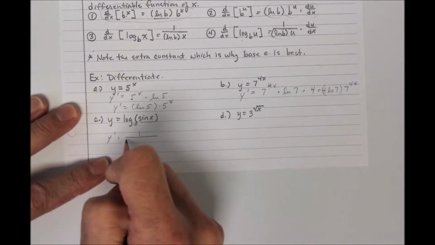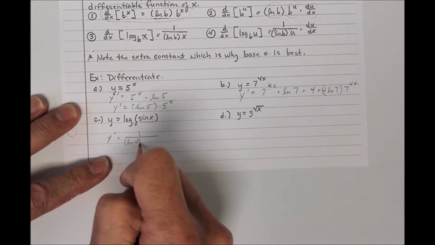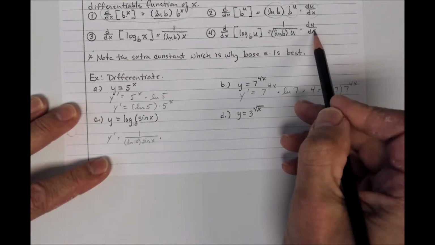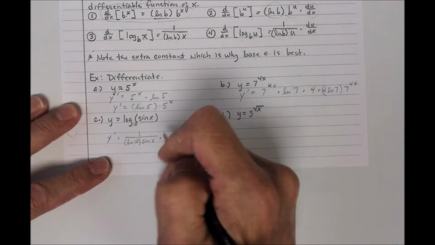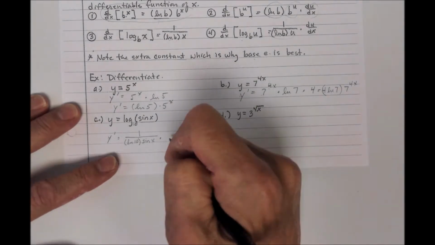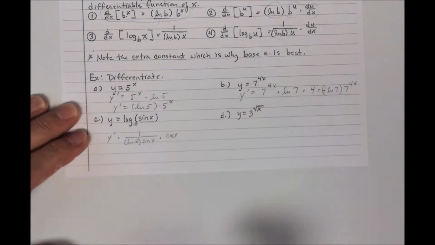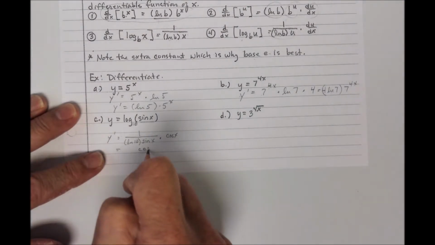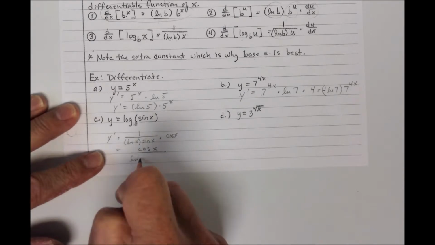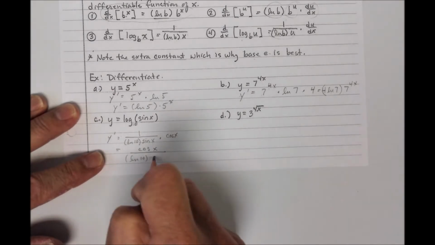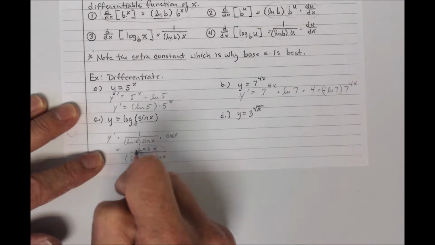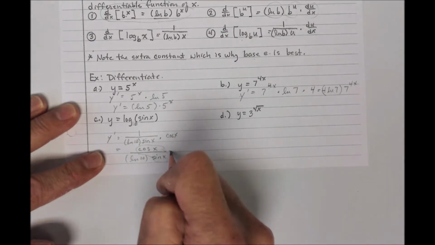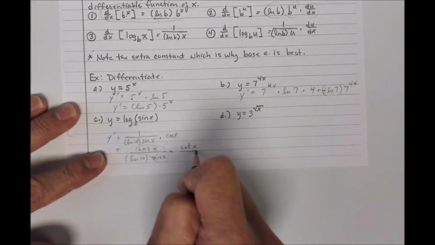So I have in parentheses the natural log of 10 times the sine of x, times the derivative of u with respect to x. The derivative of the sine of x is the cosine of x. Now I wouldn't leave it like that. I could write this as the cosine of x all over the natural log of 10 times the sine of x. But notice here, cosine of x over sine of x, that's cotangent. So I could write this as the cotangent of x all over the natural log of 10.